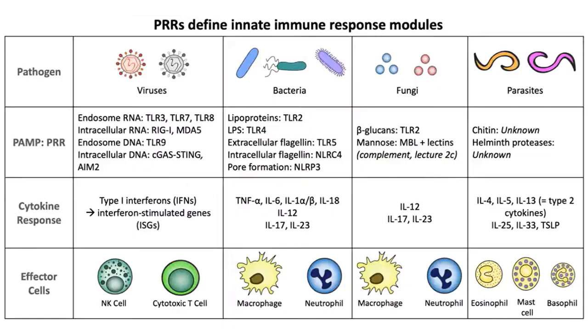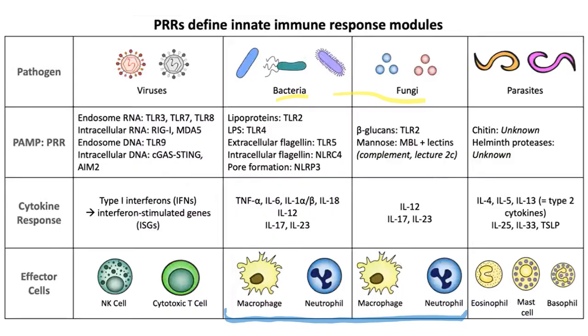So that's type 2. And with these guys over here, you are going to cause a type 3 response that is an inflammatory response. So these are extracellular bacteria and fungi. That is going to cause a lot of inflammation.